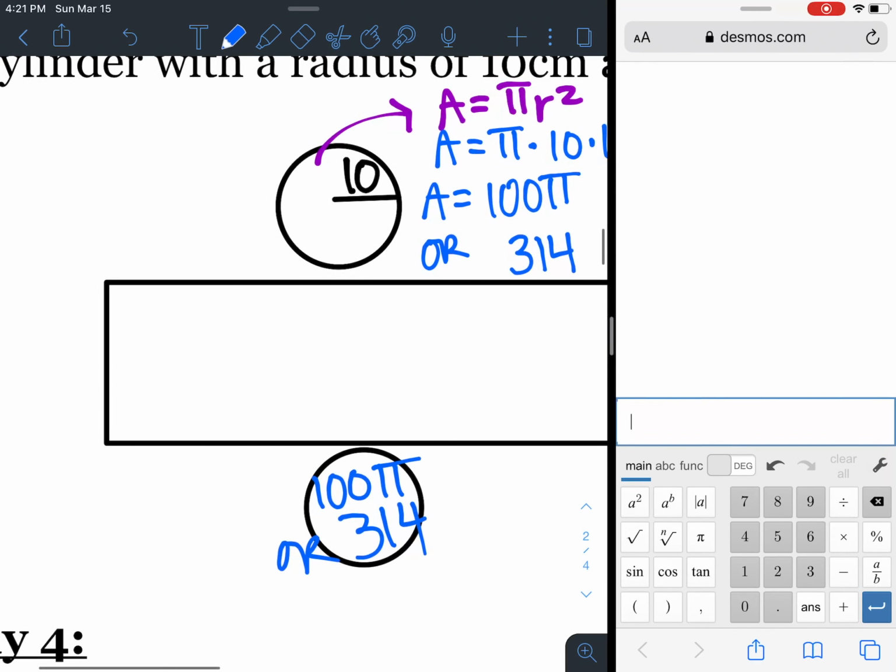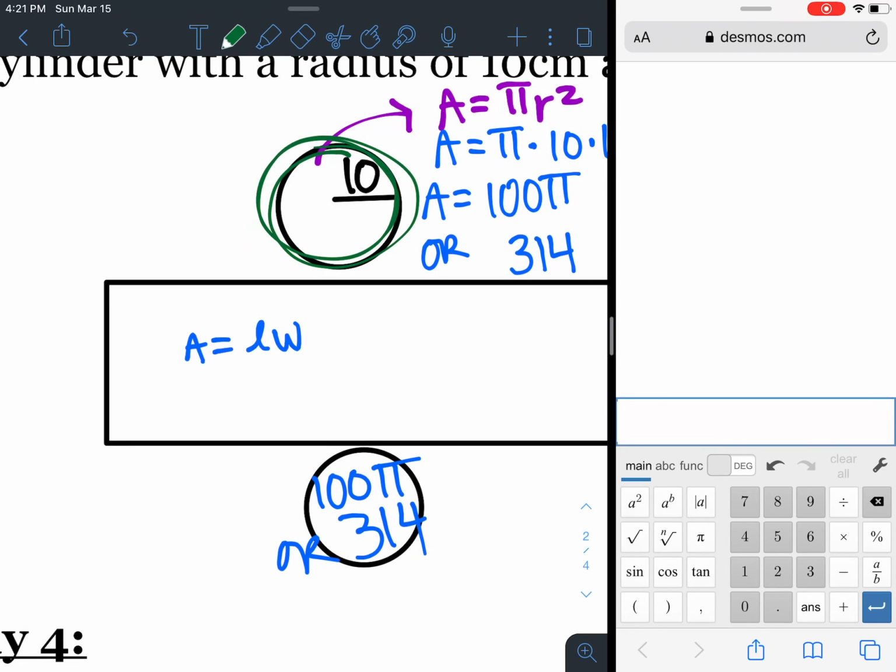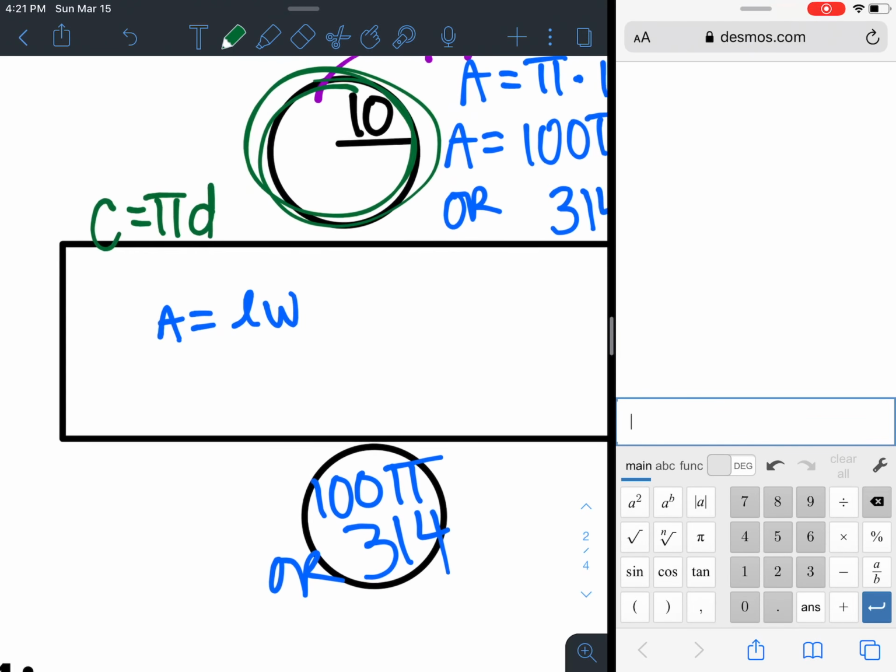So then the middle is a rectangle. So area equals length times width. But the length of this rectangle is the same as the distance around the circle. So that's called pi times diameter, circumference. So area equals, the diameter was 20 because halfway across was 10, so all the way across is 20.